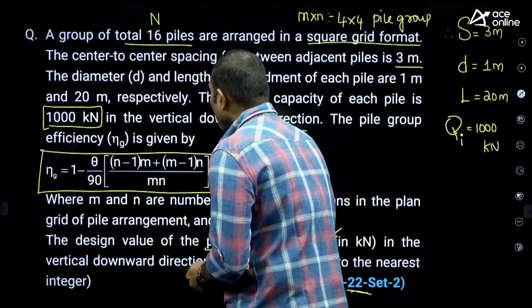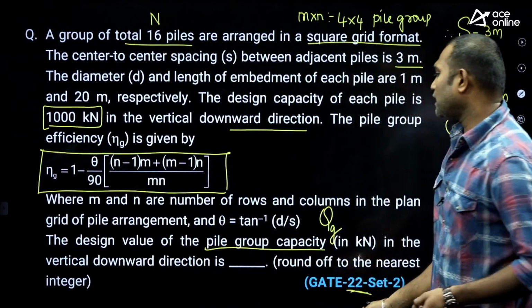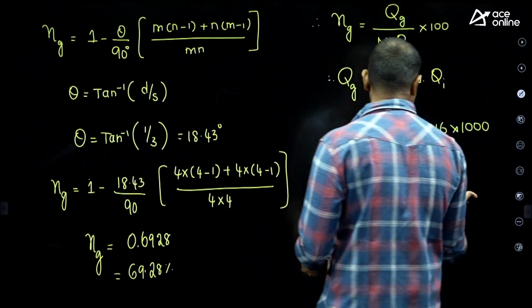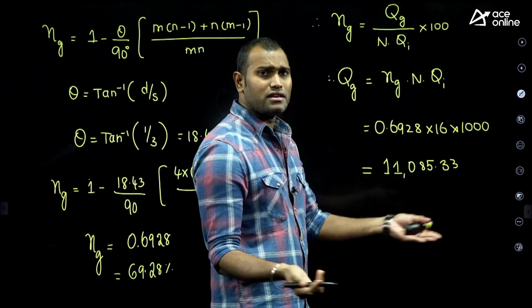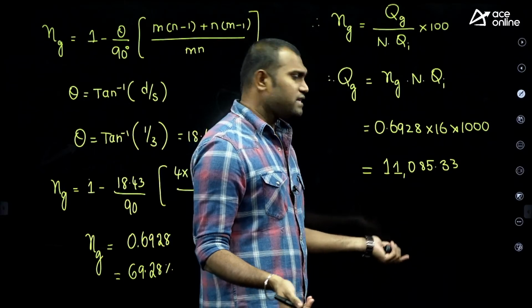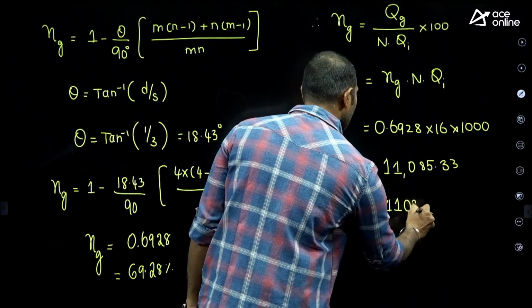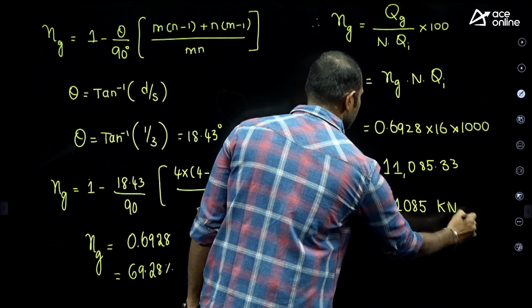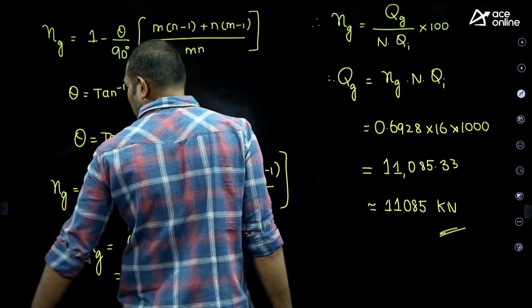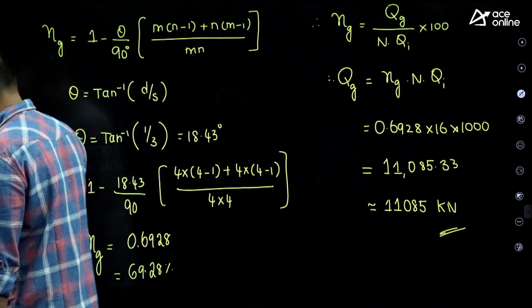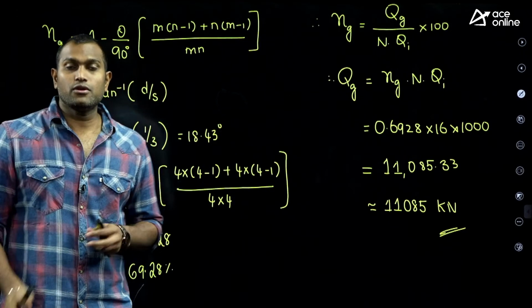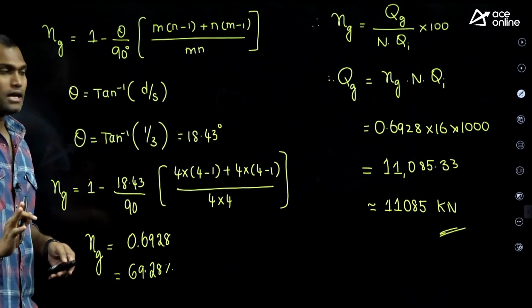They are asking to round off to the nearest integer. The 0.33 is less than 0.5, so you can take it directly as 11,085 kilonewtons, okay?